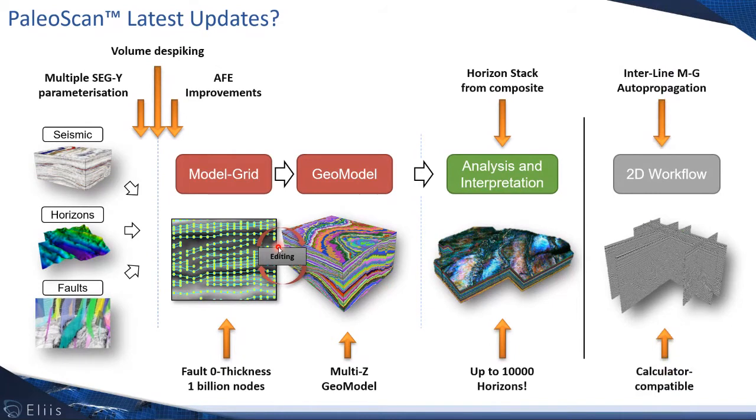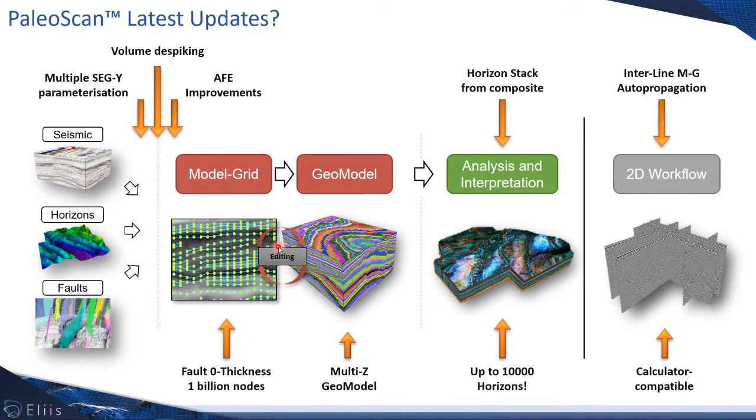So in the 2D, we've performed a bit of improvement as well in the fact that when you're computing a model grid on 2D line sets, now PaleoScan is going to be able to directly link and connect the different lines together and the different similar reflectors pertaining to different lines together.